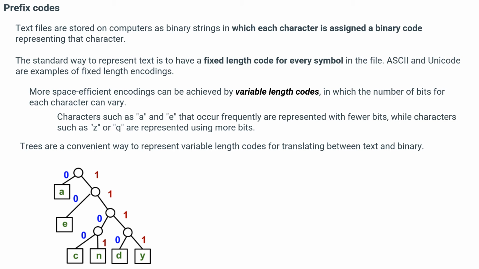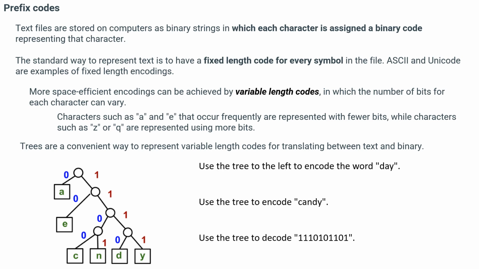So if we wanted to encode the word day, D-A-Y, using this tree, let's see how we would do that. Well, let's find the D. The D is down here at the bottom. So to get to D, what would we have needed to do?